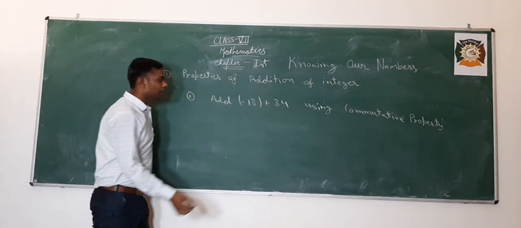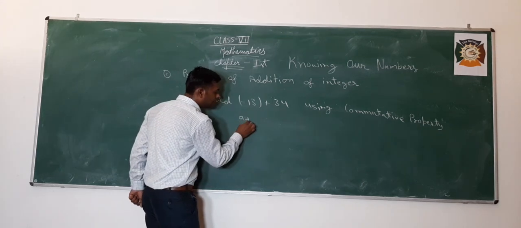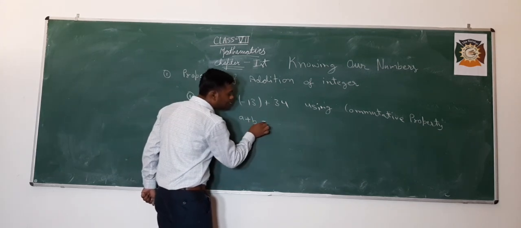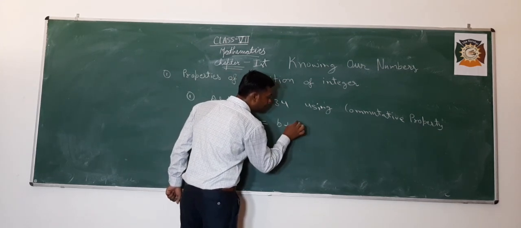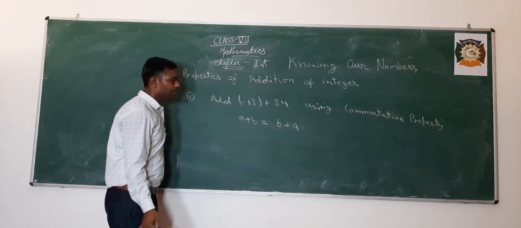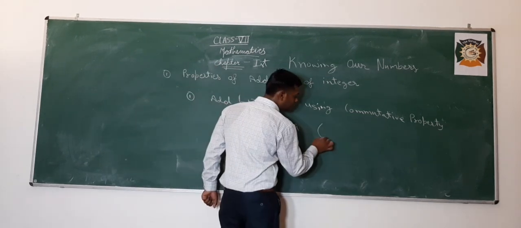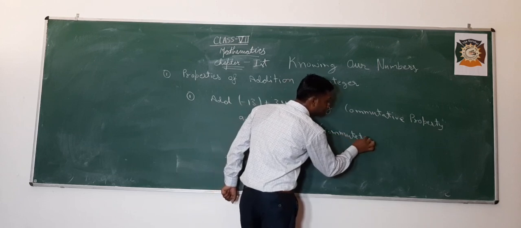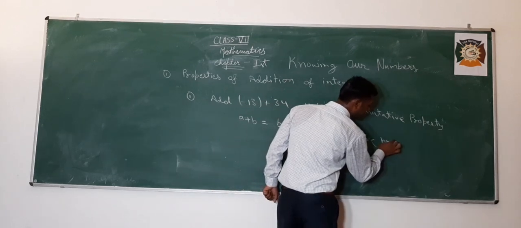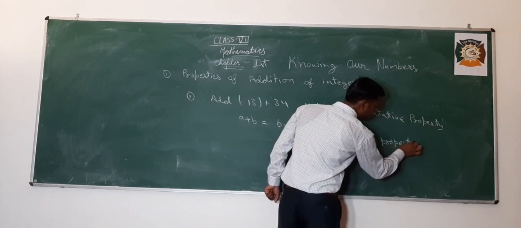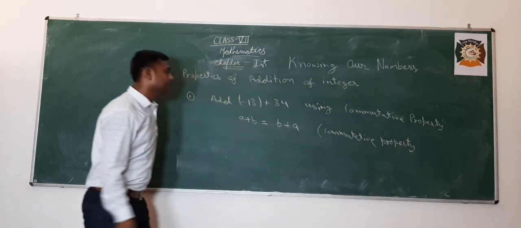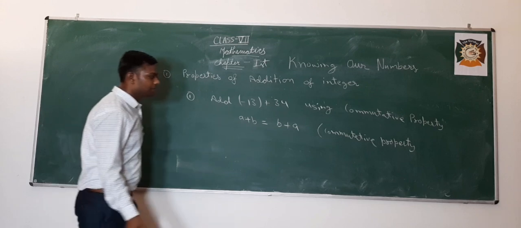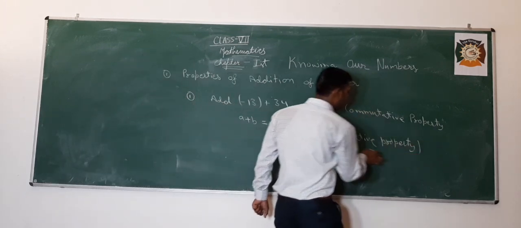What is the commutative property? If a and b are two integers, then a plus b is always equal to b plus a.